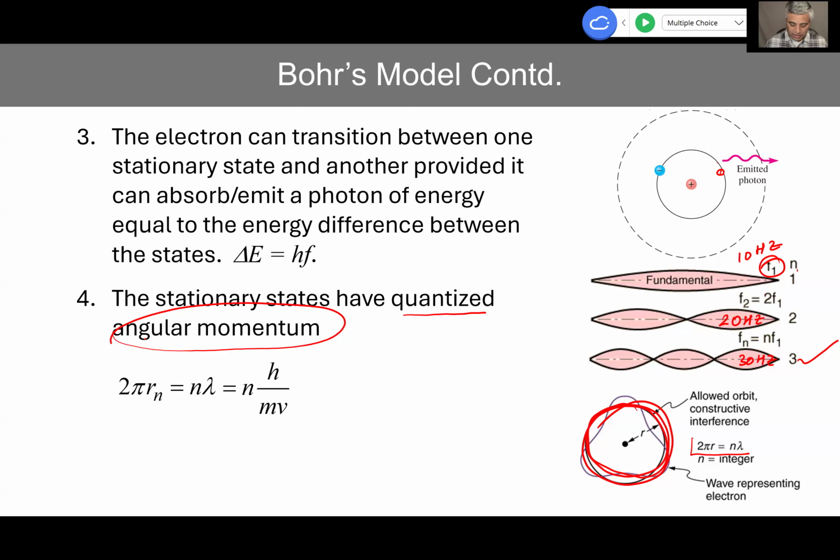So we learn that angular momentum L is r times p, or let's say if we were to ignore this cross multiplication, we can say r times m v, where p is momentum. So that means you can have only quantized angular momentum. So that means a certain orbit here, Rn.